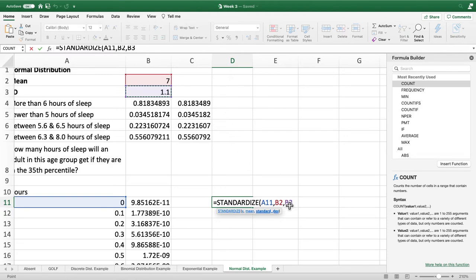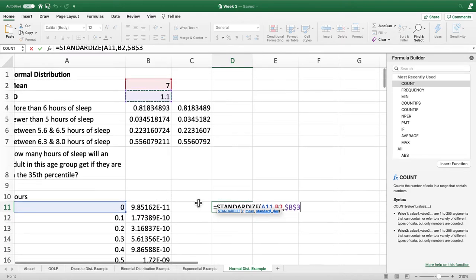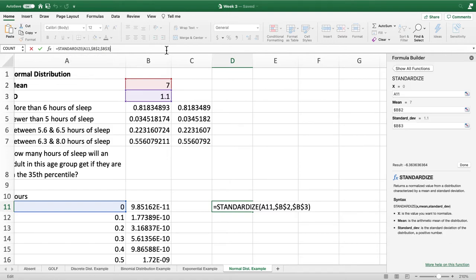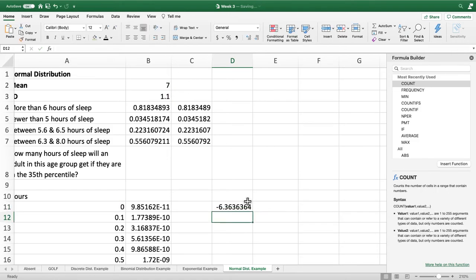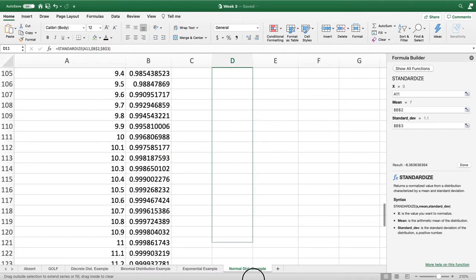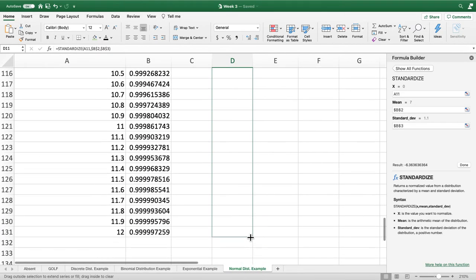And we are going to absolute reference that mean and the standard deviation so that they don't change. And we close our parentheses. All right. And we're going to drag it all the way down to 12.